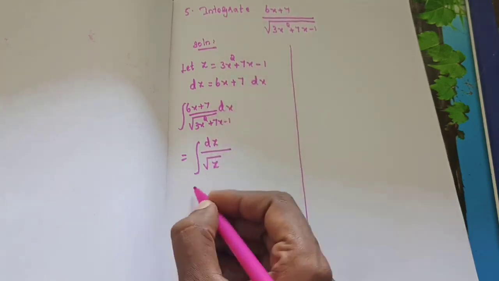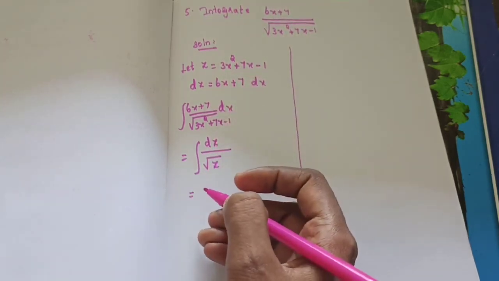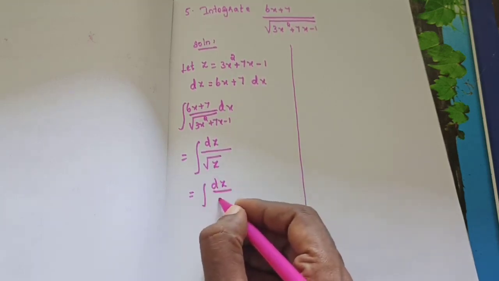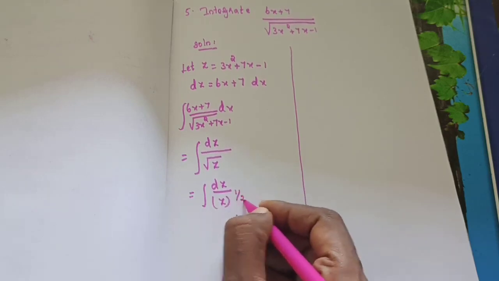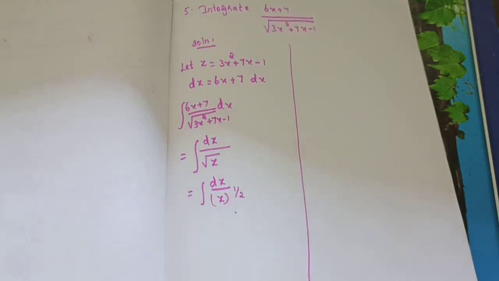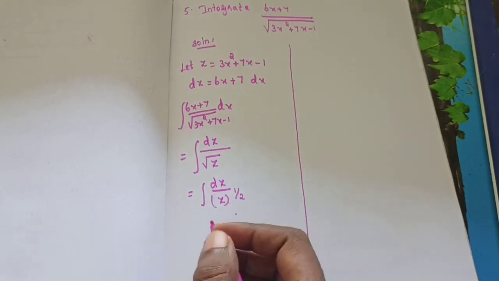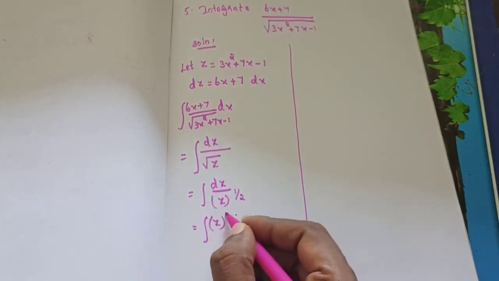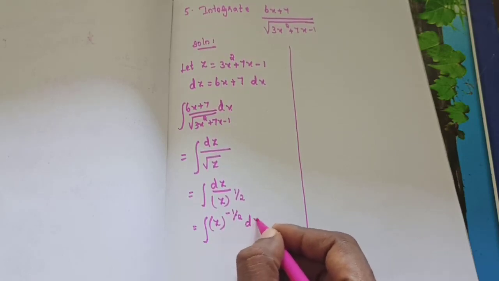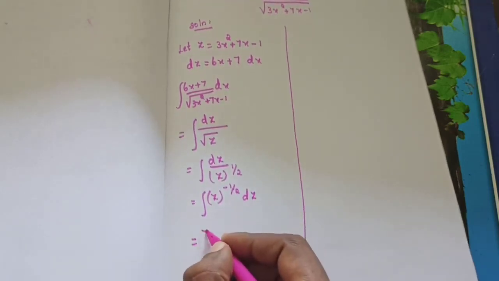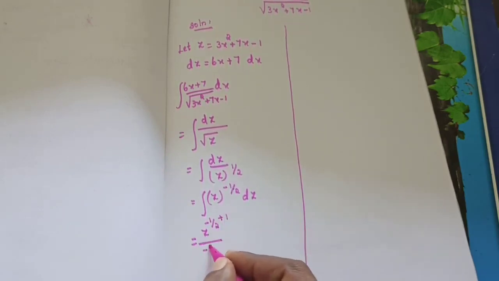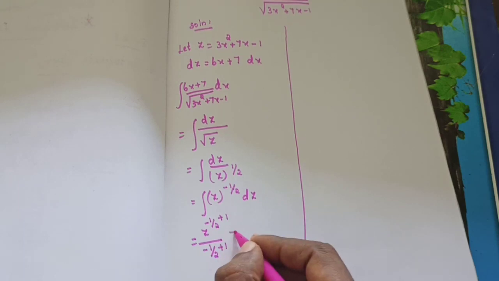So that's equal to dz by the square root of z, which we write as z power 1 by 2. Now, in the next step, we bring this z power 1 by 2 to the numerator: the integral of z power minus 1 by 2 dz. Integrating again, z power minus 1 by 2 plus 1 divided by minus 1 by 2 plus 1, plus c.